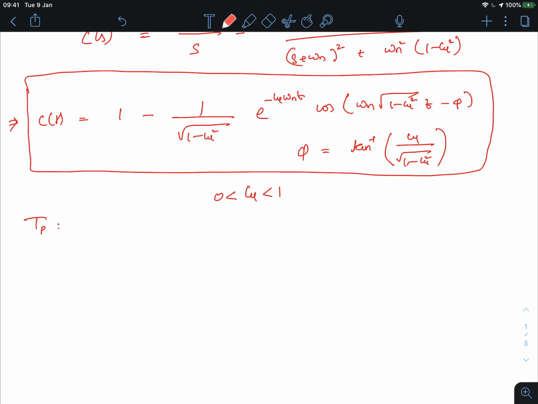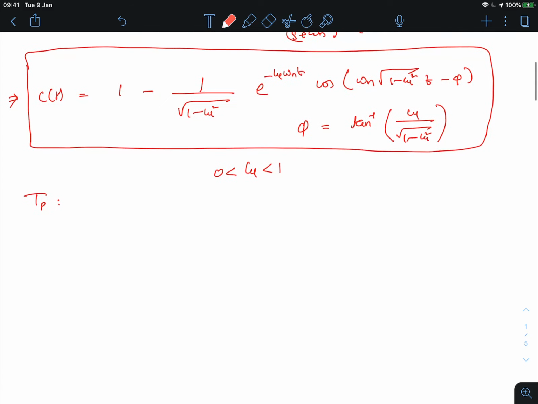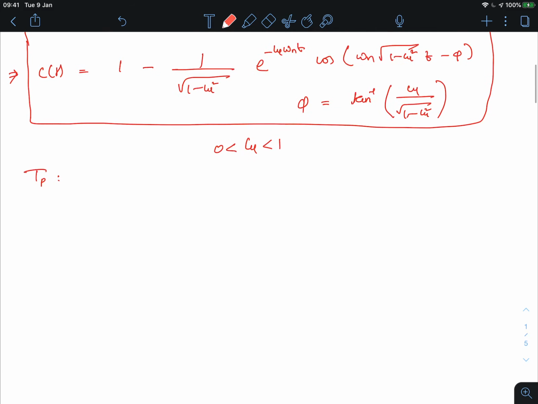We will do this in the frequency domain by using the property of the Laplace transform, that is, the Laplace transform of the derivative of the time domain response is equal to s C(s), where we have assumed zero initial conditions. So s C(s) would yield omega n square over s square plus 2 xi omega n s plus omega n square.